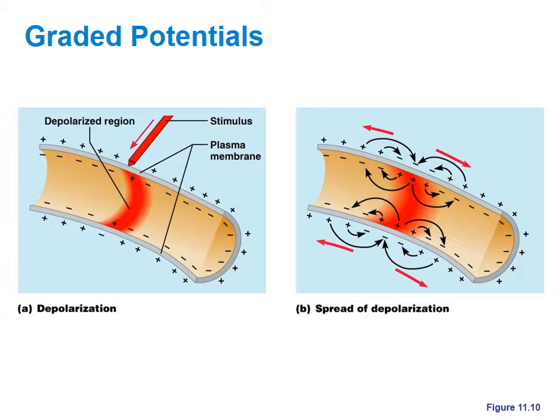These are fairly weak and will spread a short distance in both directions from the point of the stimulus. Alternatively, another stimulus like a stretch or another chemical can also open a gate. Again, ions flow across for a little bit, but then the gates close and our pump returns the ions.